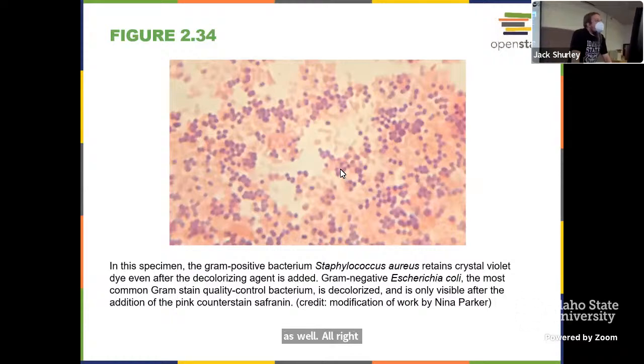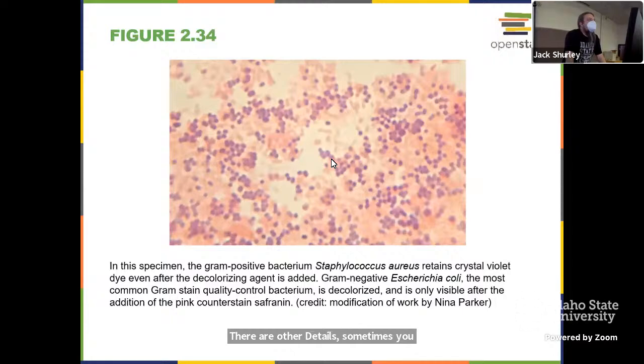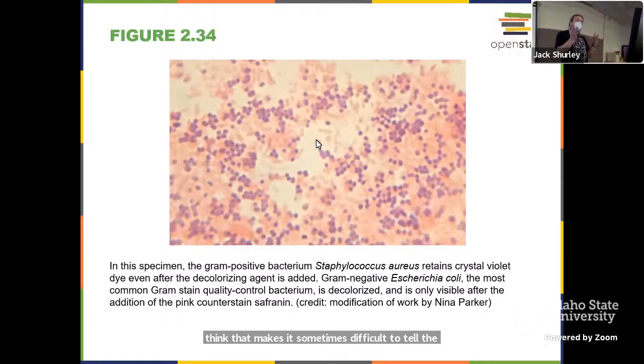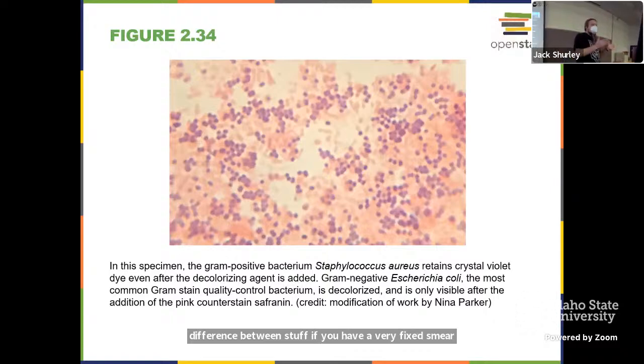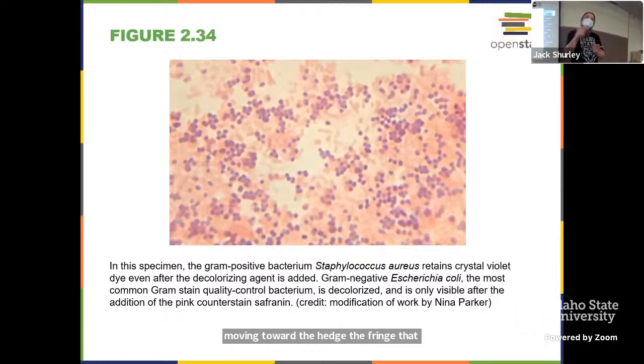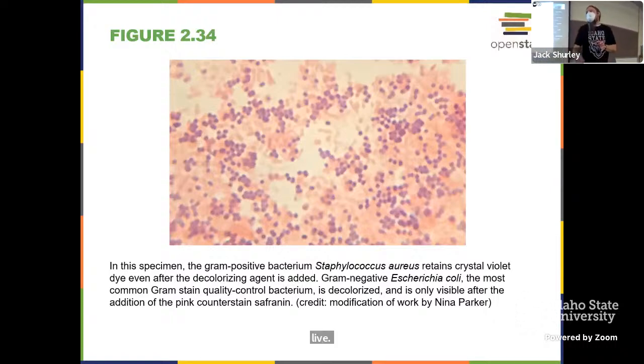There are other details. Sometimes your smear is really thick. That makes it sometimes difficult to tell the difference between stuff. If you have a very thick smear and you're just seeing a bunch of stain, you try moving toward the edge, the fringe, the little bit where that bacteria is really faint, which oftentimes gives you some better separation and is easier to see stuff.